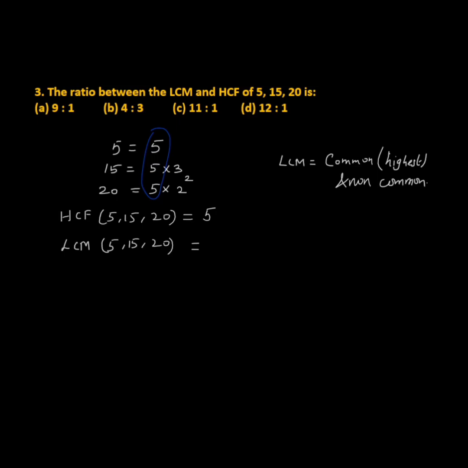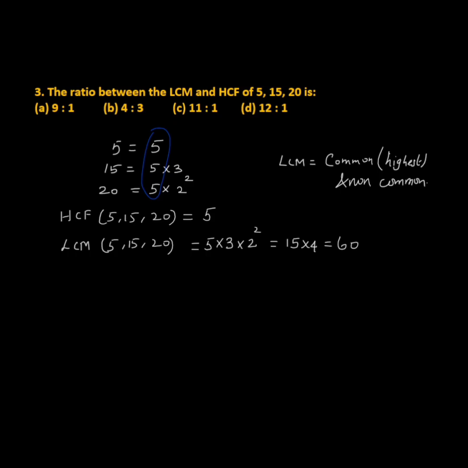Here the common factor is 5 with the same power, the non-common factors are 3 and 2 squared. So 3 fives are 15, and 15 into 4 we get 60. So HCF is 5 and LCM is 60.